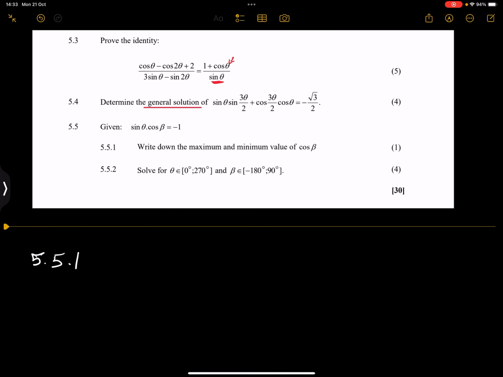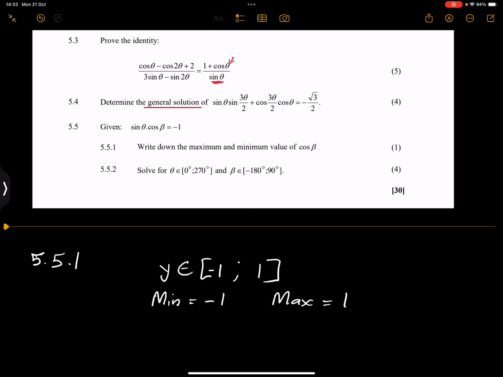In this case, the minimum value would be at -1 and the maximum value would be at +1. So y is an element of -1 to 1. So the minimum value is equal to -1 and the maximum value is equal to 1.